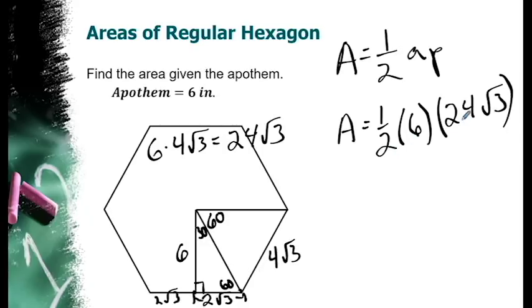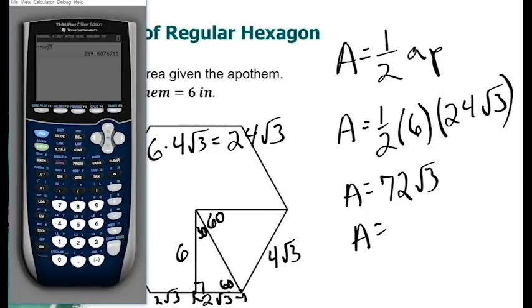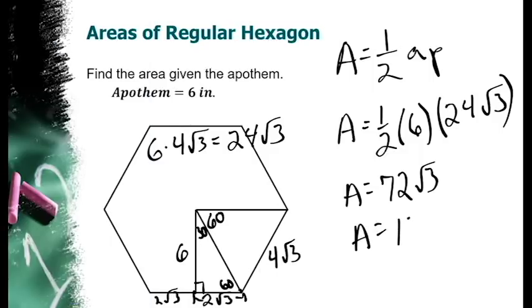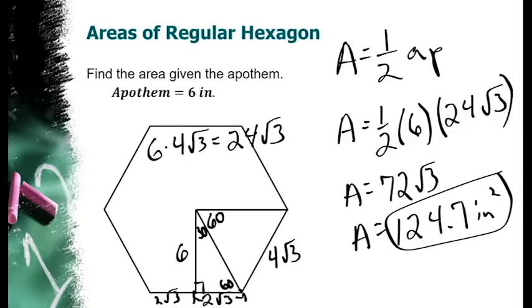So let's see, half of 24 would be 12. 12 times 6, 72 root 3 would be our area. That puts us at 124.7 for our square inches.